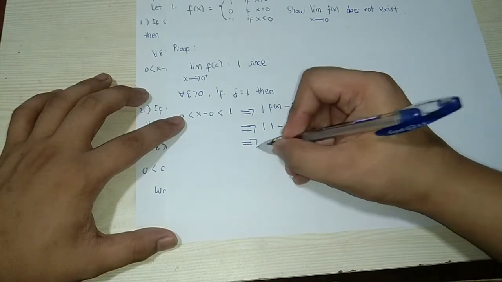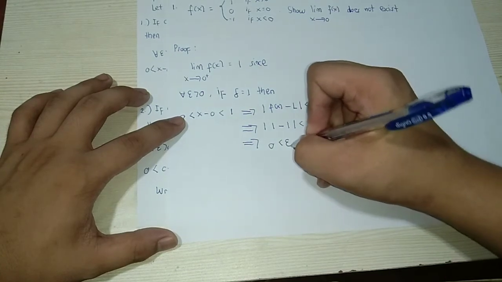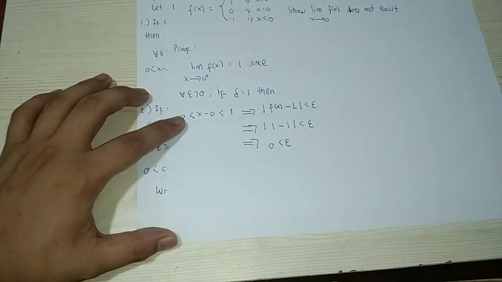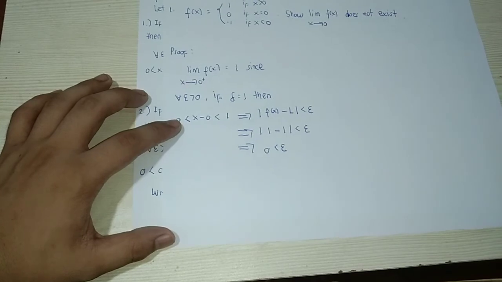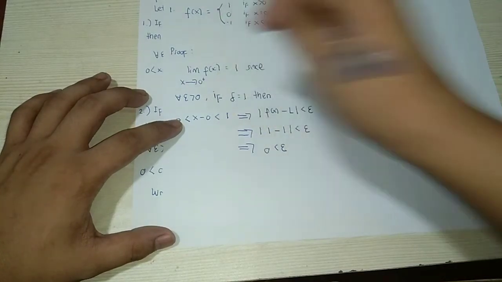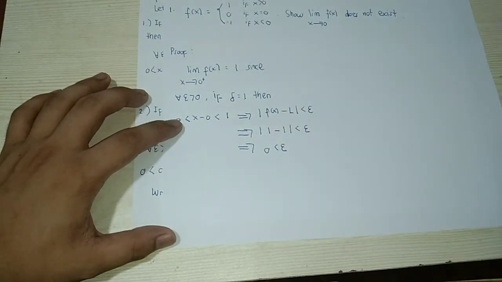This implies 0 less than epsilon, which is true. So that is why we said the limit of f(x) is 1.